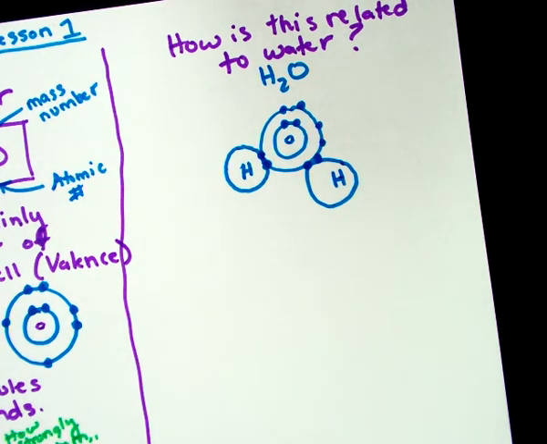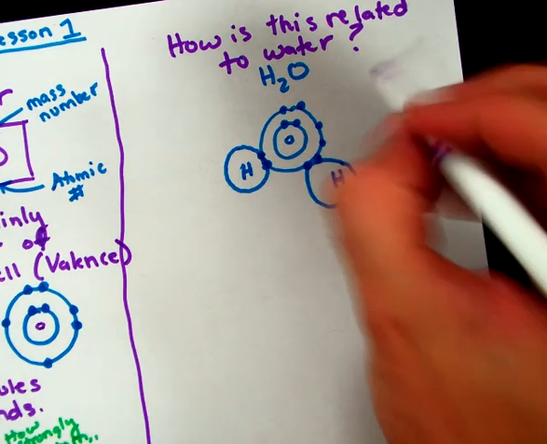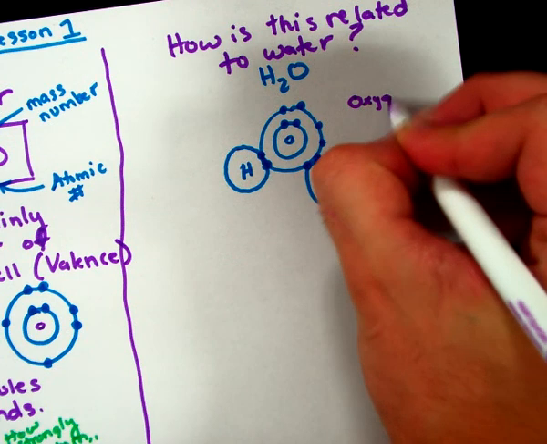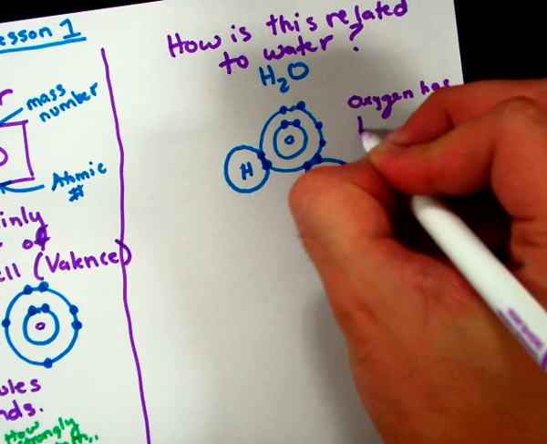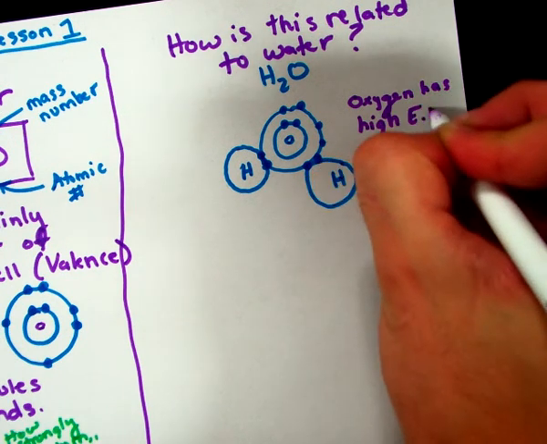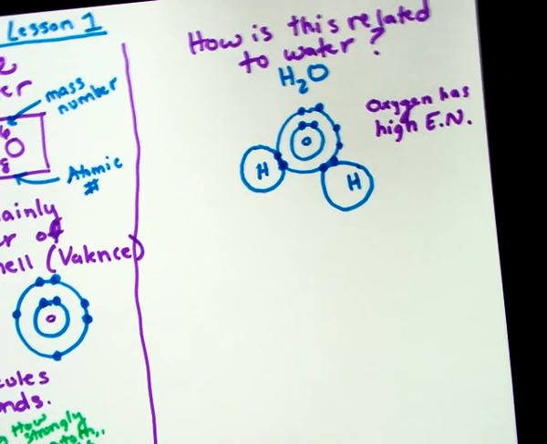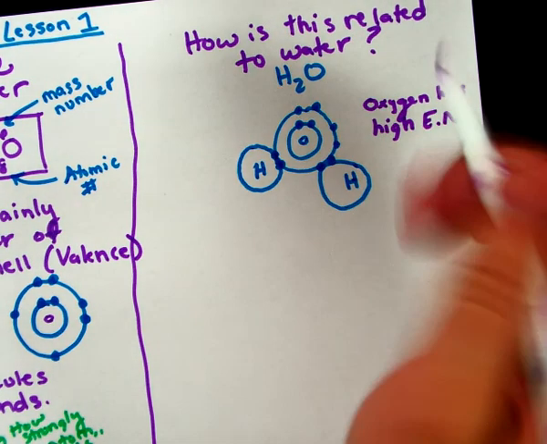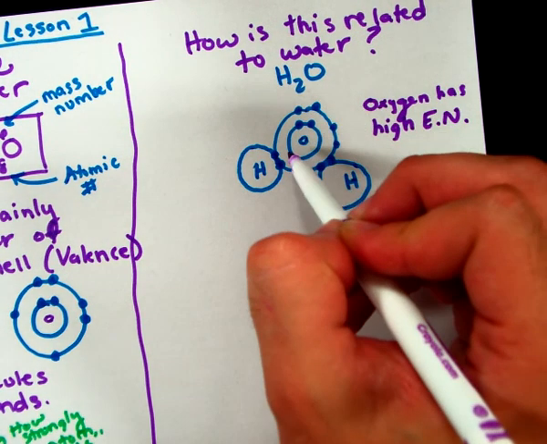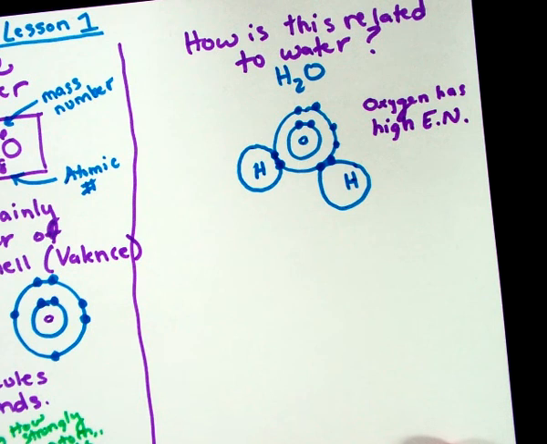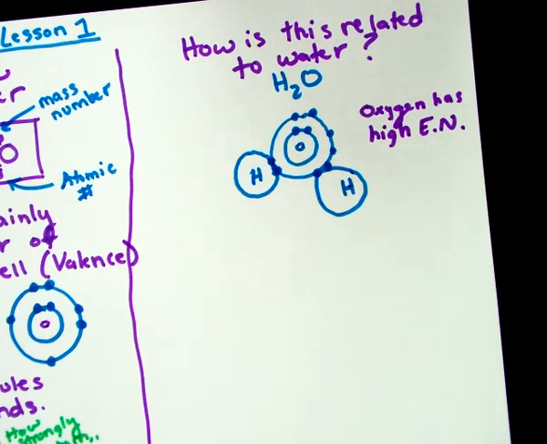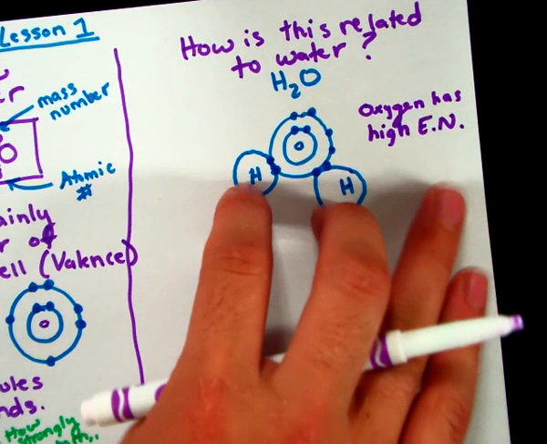Now it's known that oxygen has a very, very high electronegativity, or EN for short. And so the electrons that it's sharing are going to be pulled more strongly towards the oxygen atom and away from the hydrogen atoms.